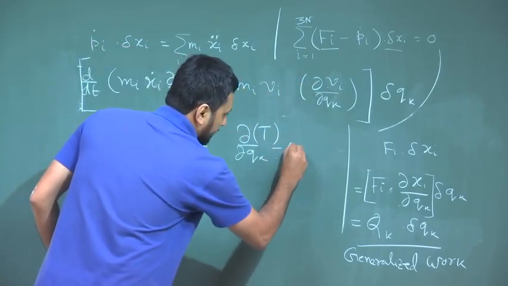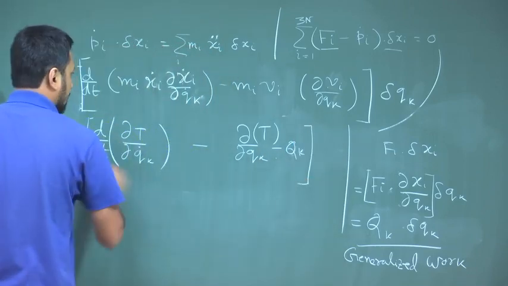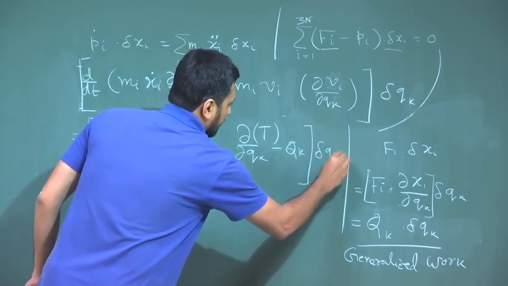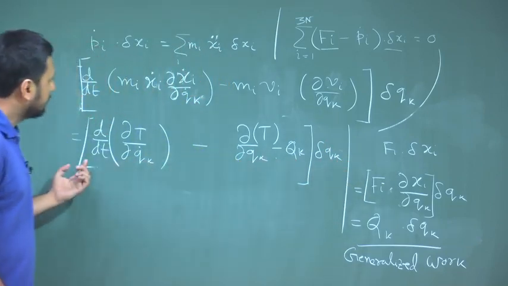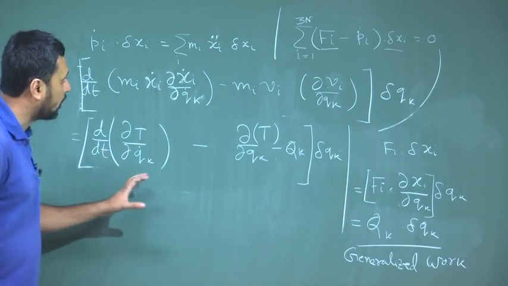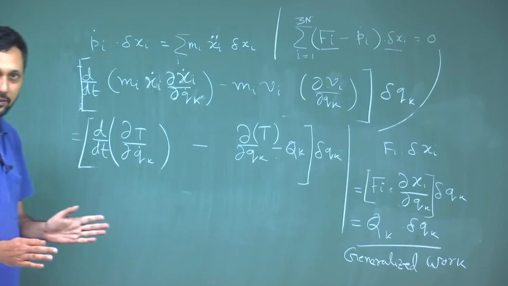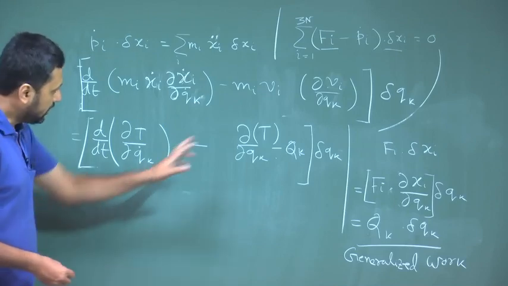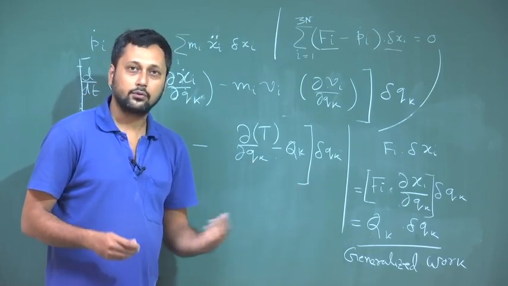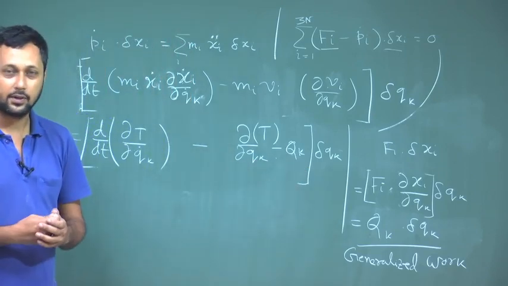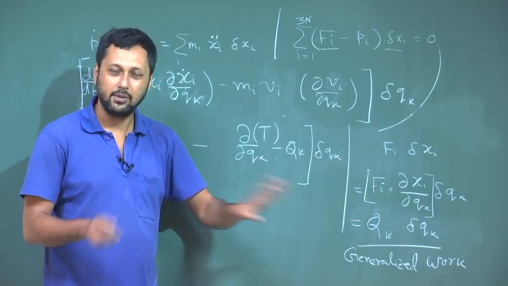So, it will be minus Qk delta qk. Okay. So, now this comprises my full, transformed form of D'Alembert's principle, transformed into generalized coordinate space. Now, this Qk, because it is a generalized force term, we can of course define a potential function for it. The thing which I intended to do in the real space and then transform, that is not required.